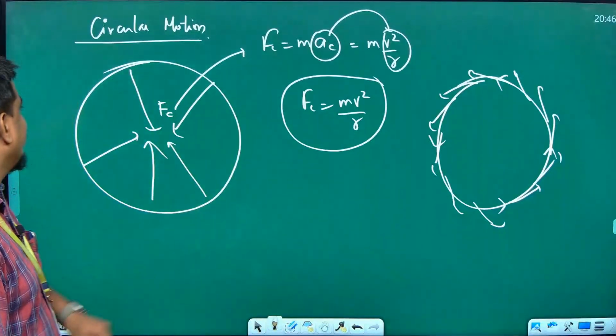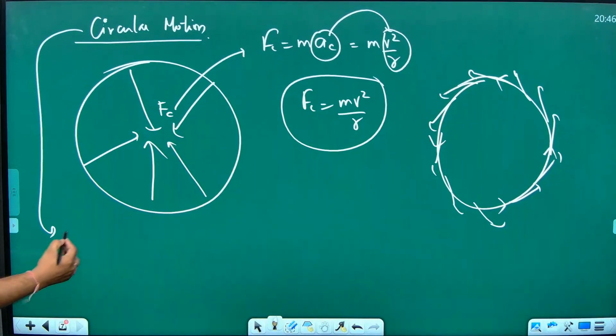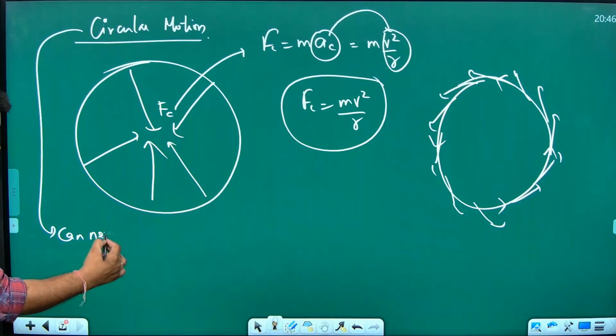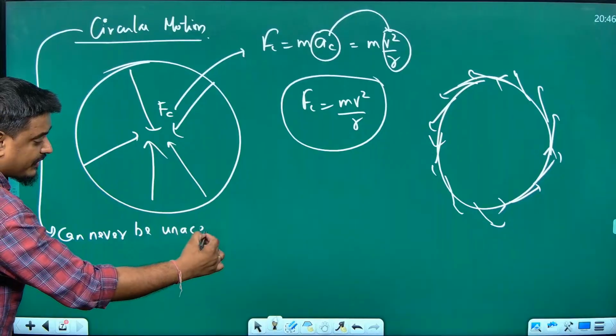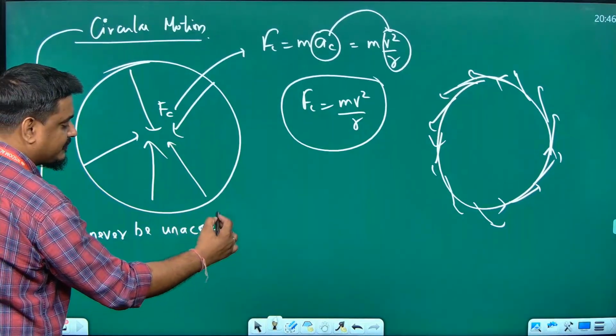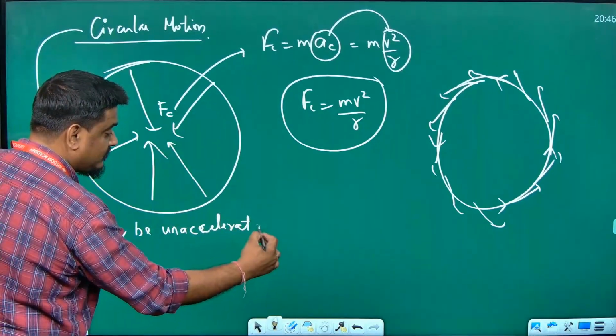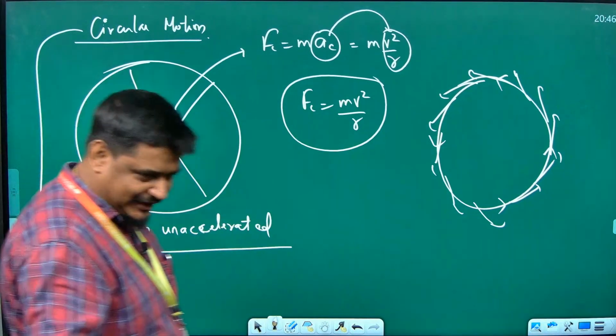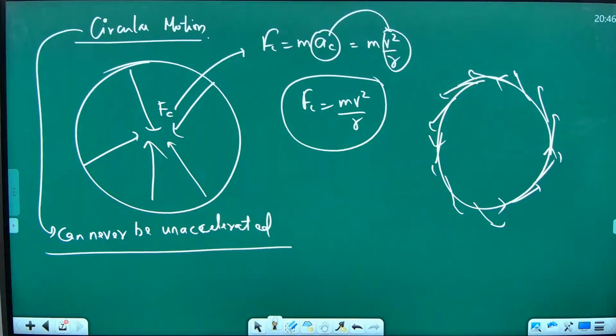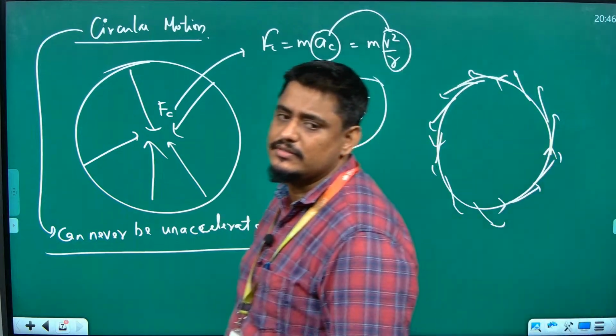So write down somewhere, circular motion can never be unaccelerated. Write this first, I will tell you about that. So if it is circular motion, it will definitely have acceleration.